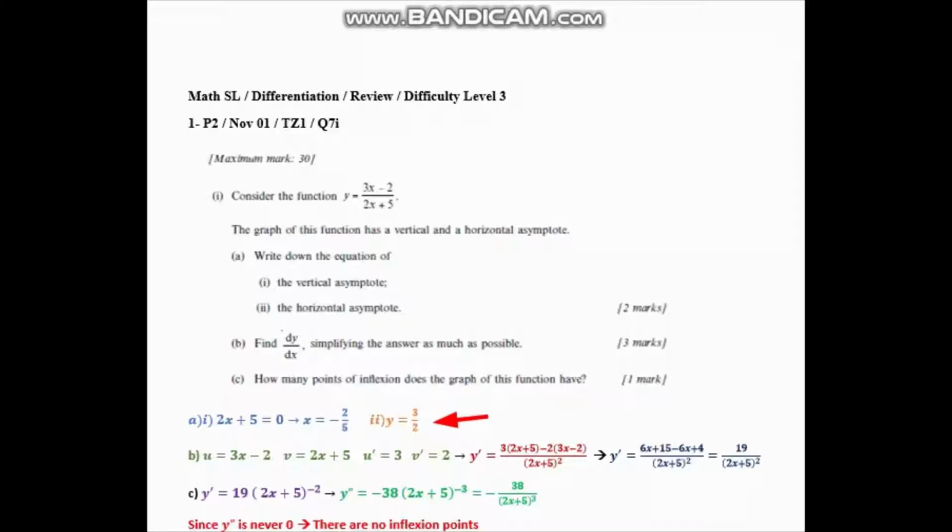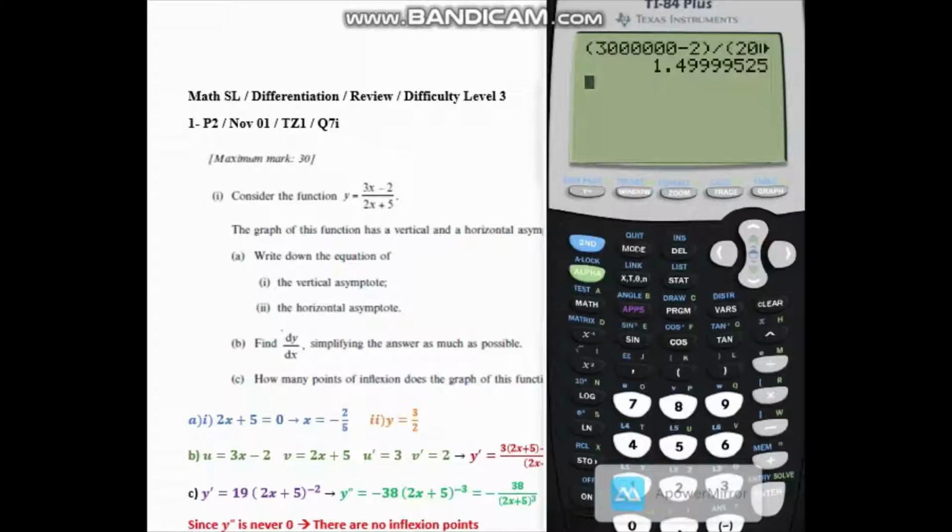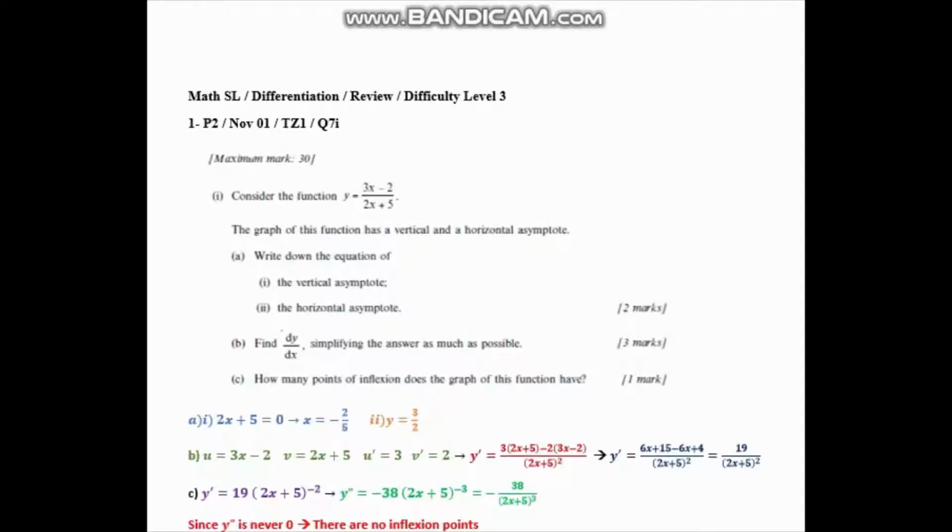Since this is a paper 2 question, we can afford to show this using the GDC, which I shall do right now. I've written down on the calculator 3 million minus 2 divided by 2 million plus 5, and this is the answer I got, which is 1.49999, which is approximately 1.5. Of course, we know that 1.5 is the same as 3 over 2.